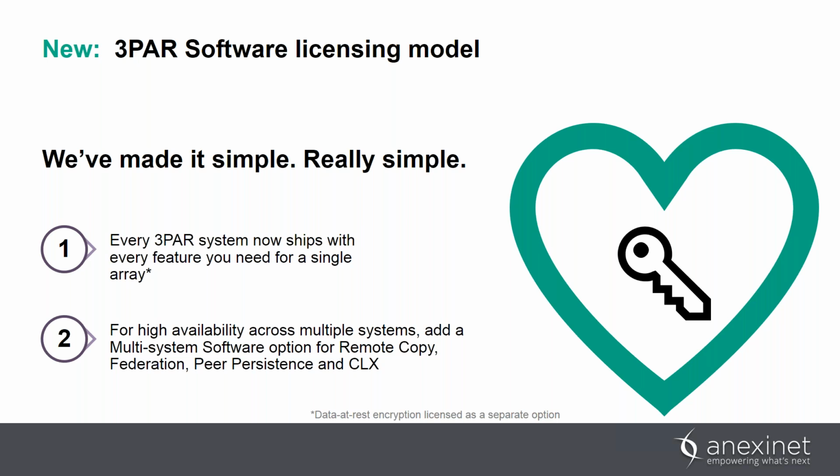For highly available systems and multiple systems that you want to do replication with, you can get a multi-system software option, again for remote copy, federation, peer persistence, and CLX. In a nutshell, it's really 2 licensing options: one for no replication that gets you everything you need, and another for doing multiple systems and employing remote copy, replication, federation, and peer persistence. And then there's a separate SKU option for data at rest encryption.